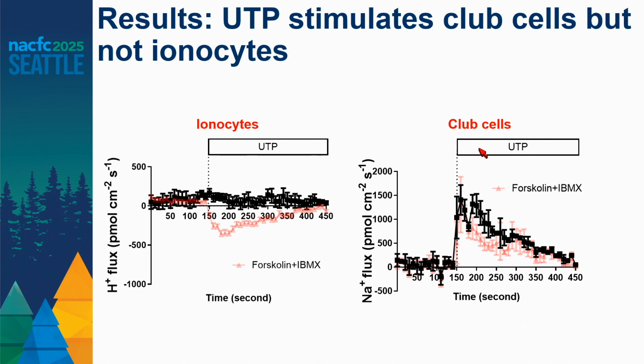However, UTP does stimulate club cell function in the swine distal airway, and it shows a very similar response compared to forskolin IBMX stimulation. So we think we can use UTP as a tool that stimulates the secretory cells there, but not ionocytes.